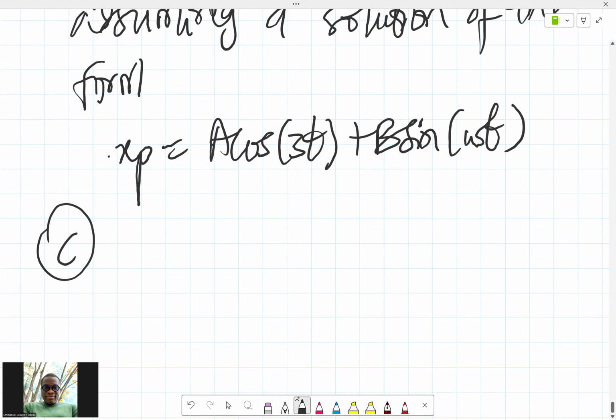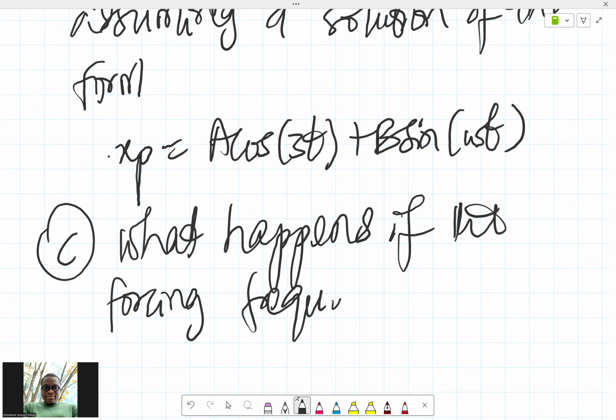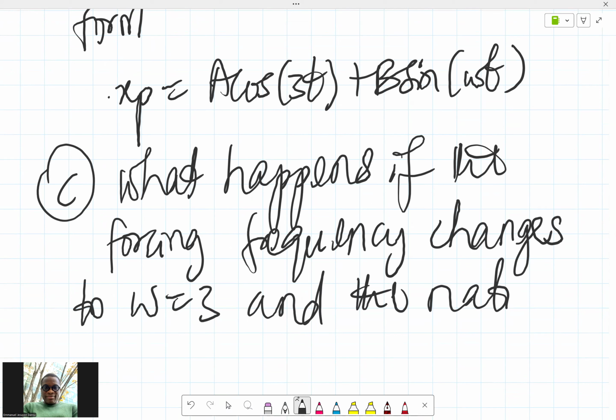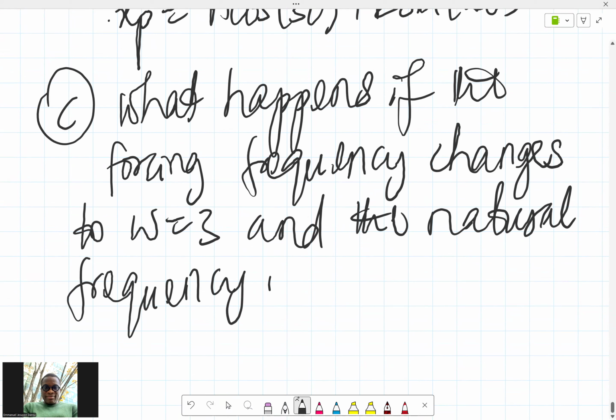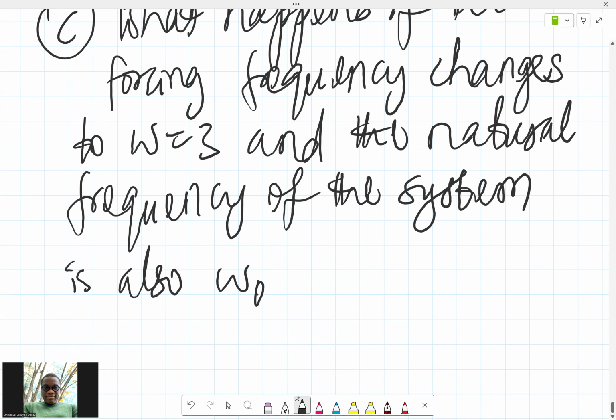Then C, finally, what happens if the forcing frequency changes to omega equals 3 and the natural frequency of the system is also omega naught equals 3.